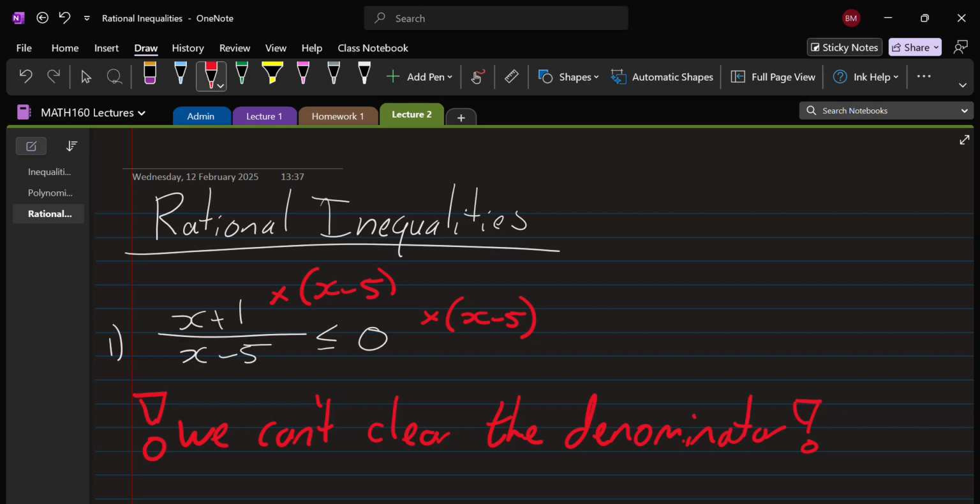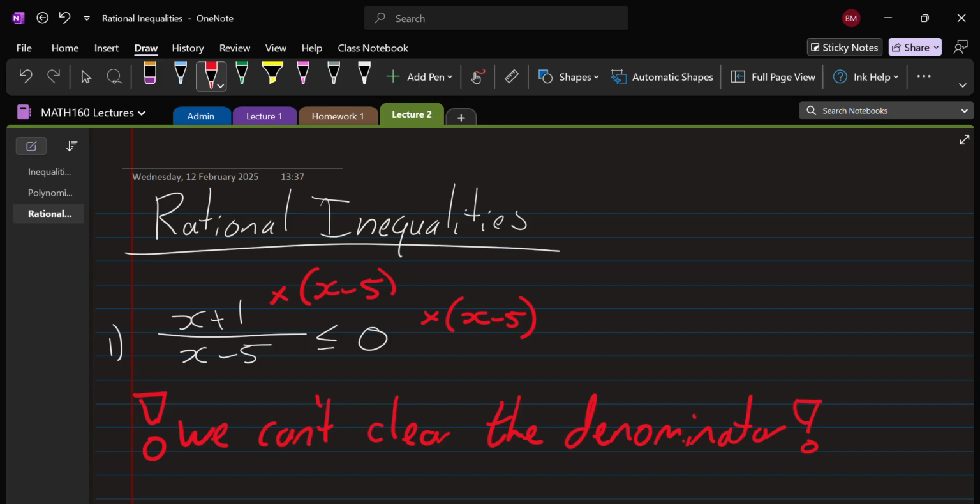If I have a is less than or equal to b, and I multiply by minus 1, what happens to the inequality? It changes, yeah. So in some cases the inequality stays, like if x is 7. But if x is 0, the inequality is going to flip.